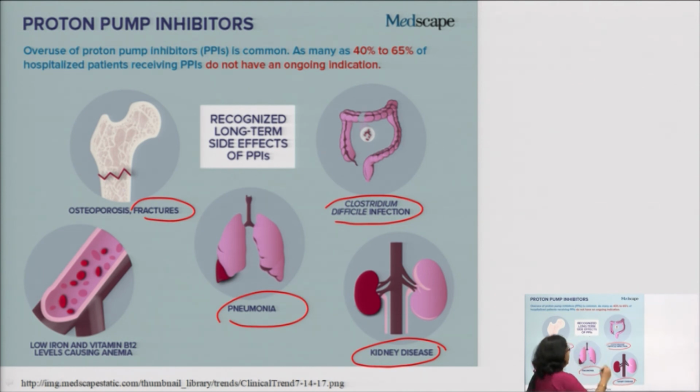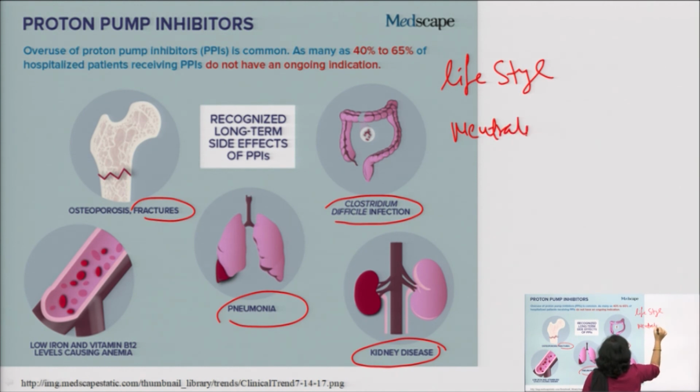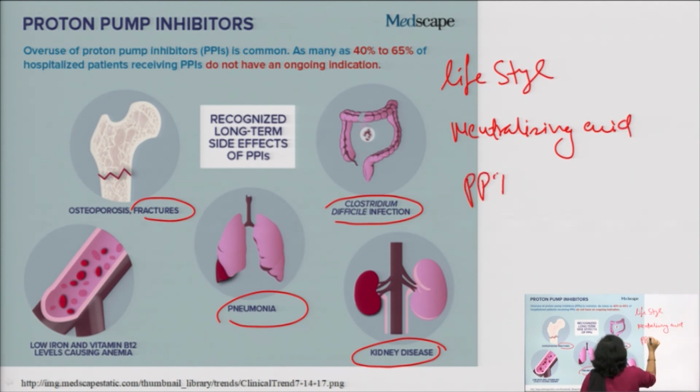One is your lifestyle. You change your lifestyle. How will you change your lifestyle? Second, neutralizing acid. This is short term. And third, you can take proton pump inhibitors.